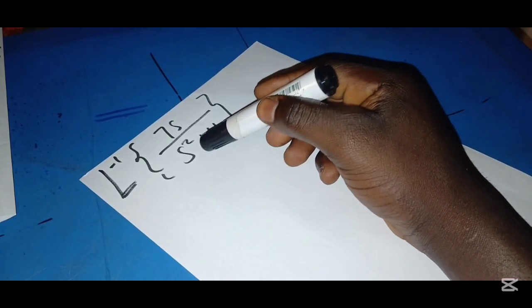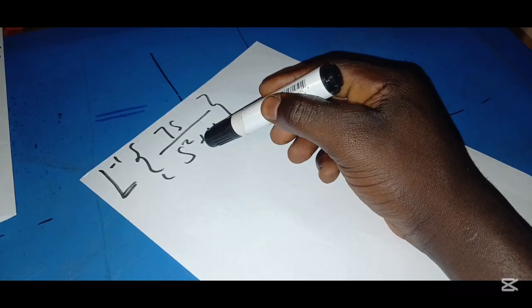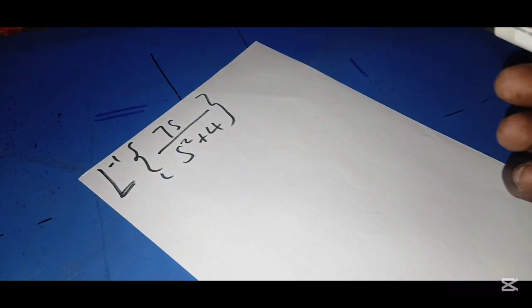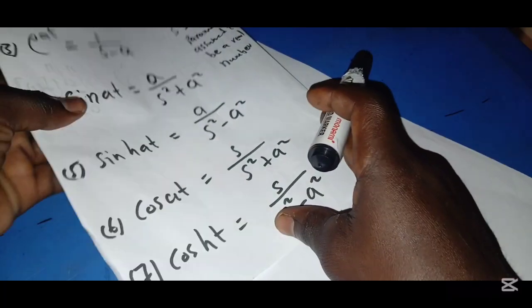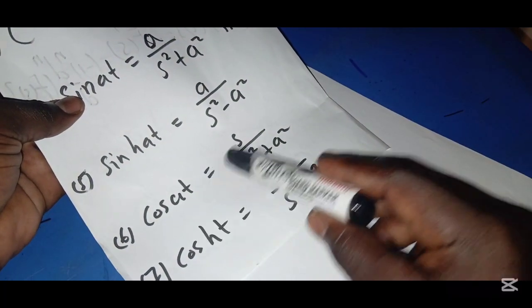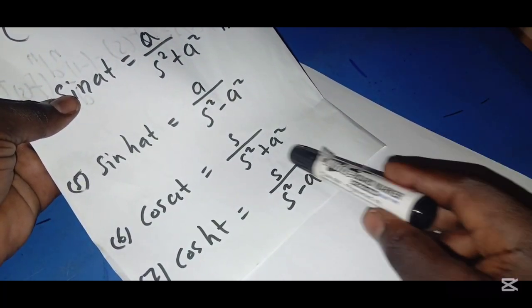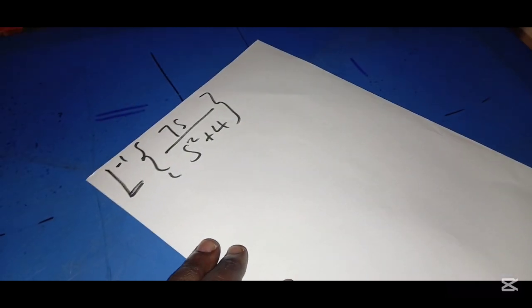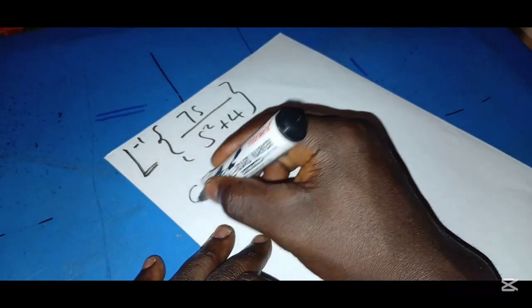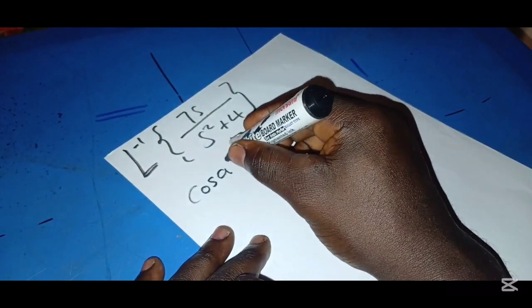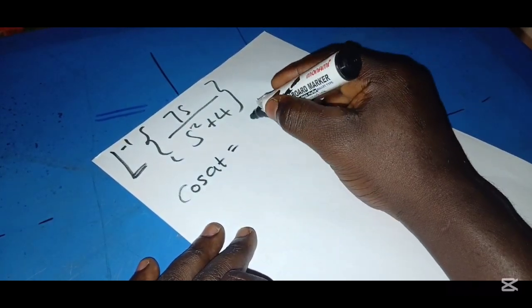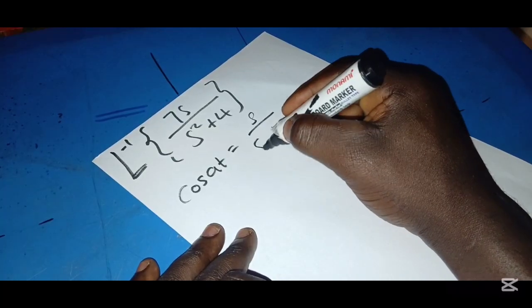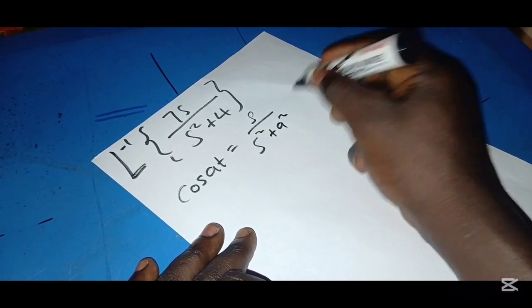Well, the denominator will tell you, since it is plus, it is cos at function. These are basic elementary Laplace transforms. Since the denominator is positive, we are able to figure that out, right? So now we know that it is a cos at function, which equals s over s squared plus a squared.